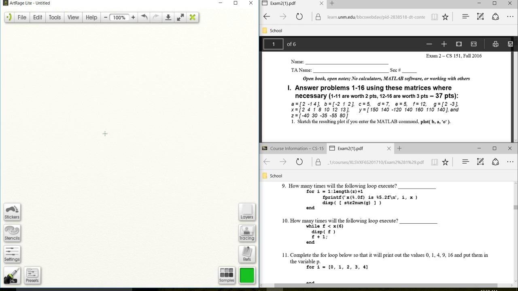So what we end up getting is 12 less than 12, and that's going to send to 0, which means the while loop doesn't execute. It just skips on to the next line. So how many times will the following loop execute? The answer is 0.